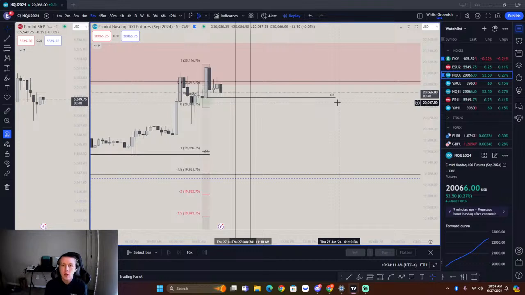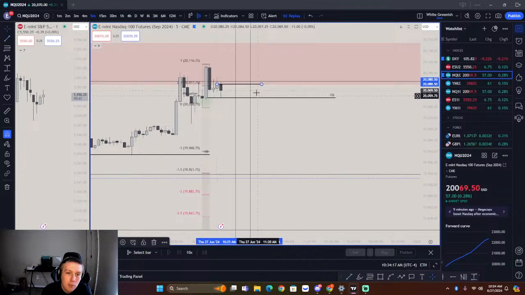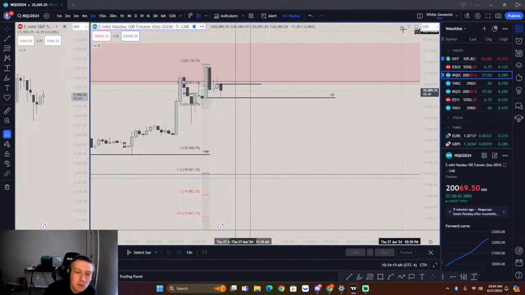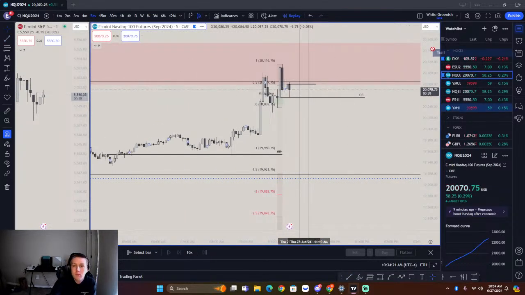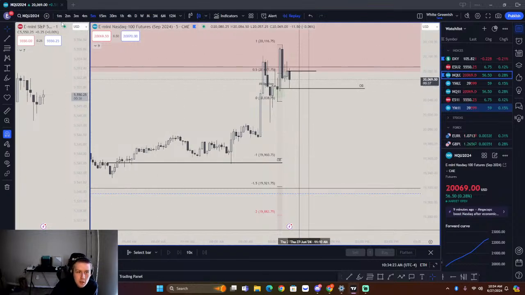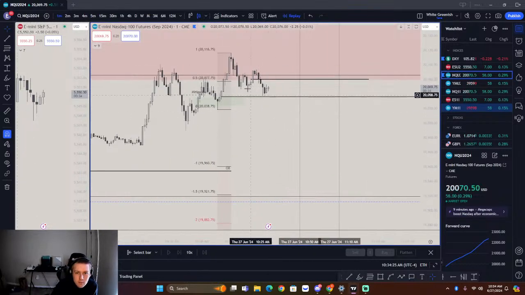I think on the 5 minute, this right there, that order above the previous up close candle, that could be an entry right there. Stop at that high. Got filled right there.